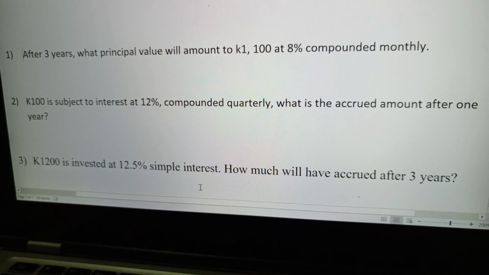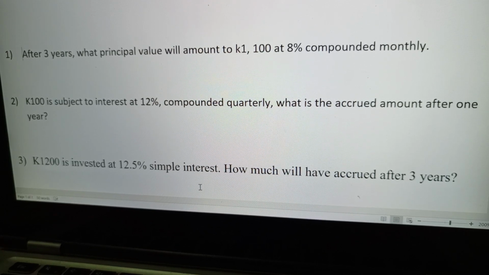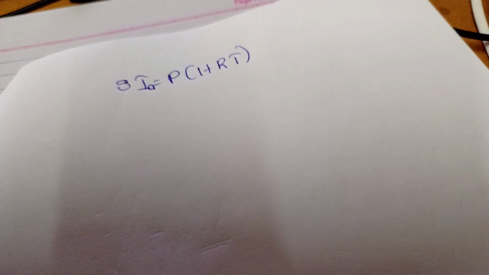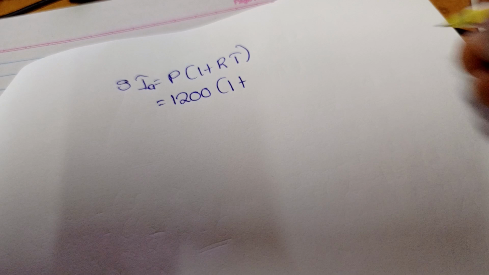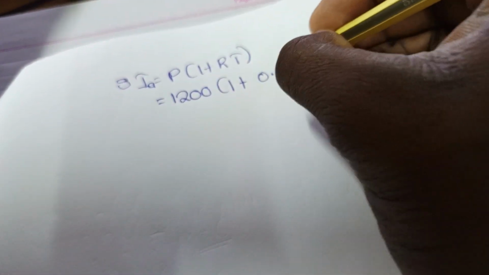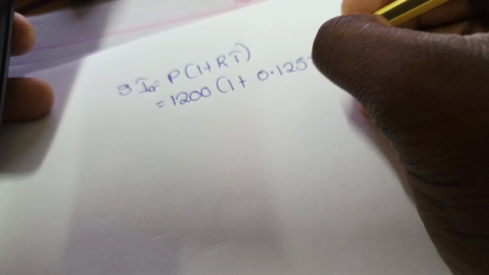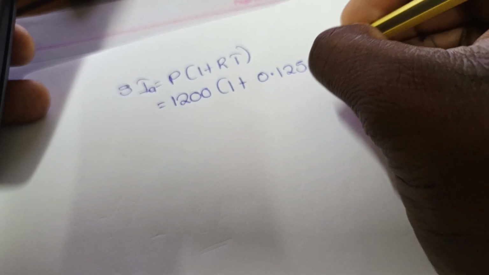So we have the third question there, which reads, 1,200 is invested at 12.5% simple interest. How much will have accrued? So again, it's simple interest accrued. This is the formula for simple interest, where we have the principal to be 1,200 and the rate, which is 12.5. We convert it to a decimal by dividing it by 100, which gives us 0.125, and we multiply with the time, which in this case is 3.